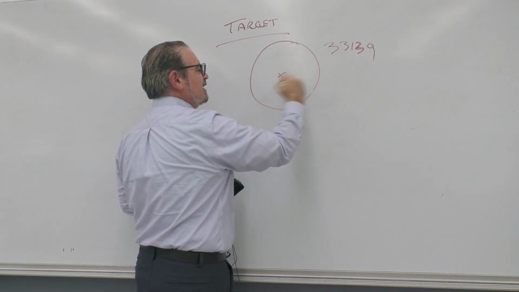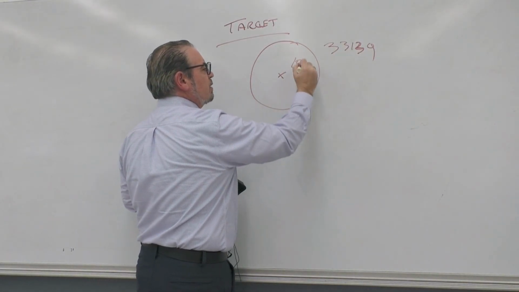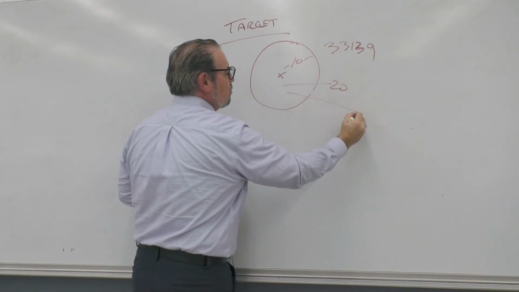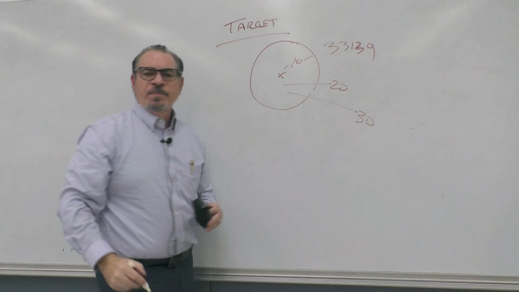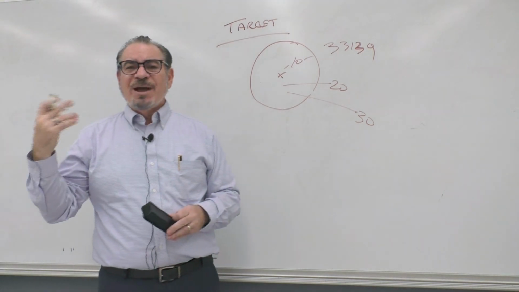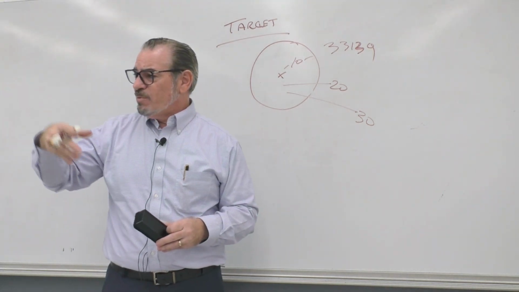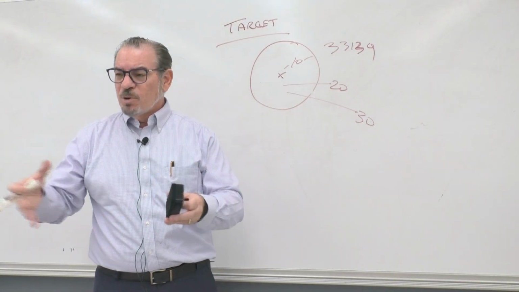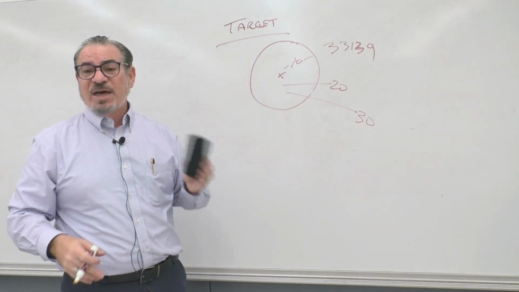So this could be a 10-mile radius, like this. This could be a 20-mile radius. It could even be a 30-mile radius. So geographically, you have to think about if you're driving people to your business, how far are they going to come? So if you're a local market, you have to think of it that way.